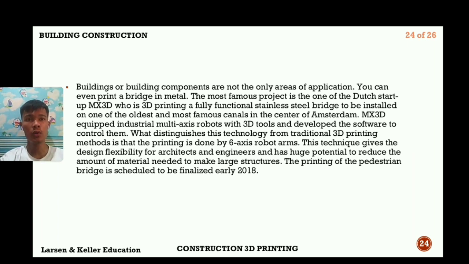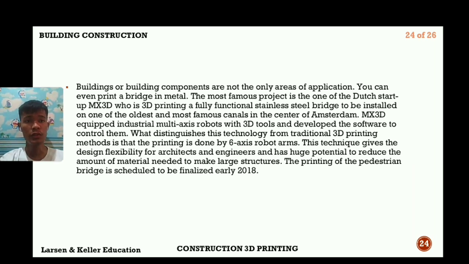Buildings or building components are not the only areas of application. You can even print a bridge in metal. The most famous project is the one of the Dutch startup MX3D, who is 3D printing a fully functional stainless steel bridge to be installed on one of the oldest and most famous canals in the center of Amsterdam. MX3D equipped industrial multi-axis robots with 3D tools and developed the software to control them.